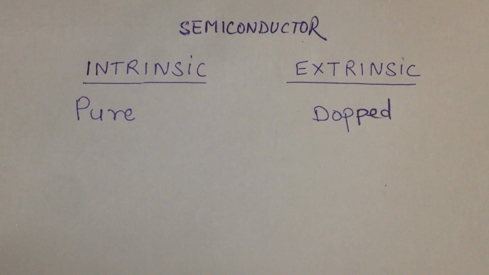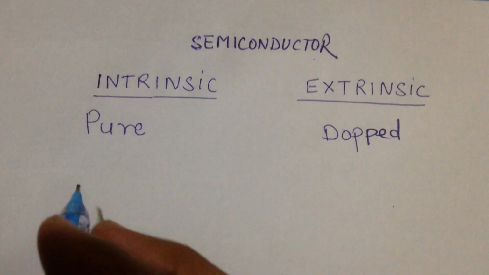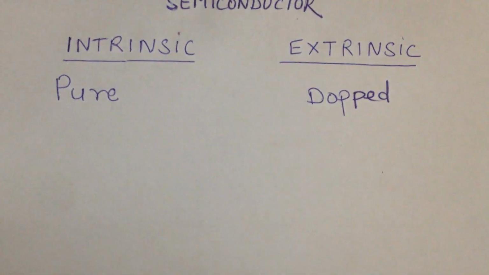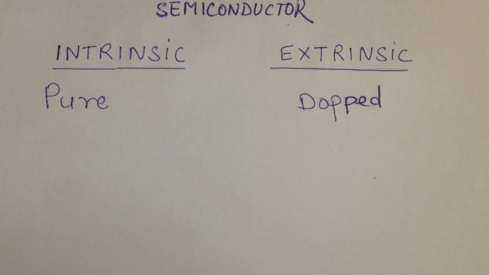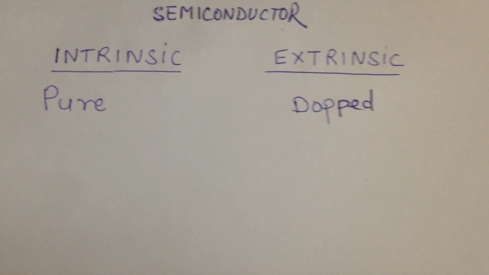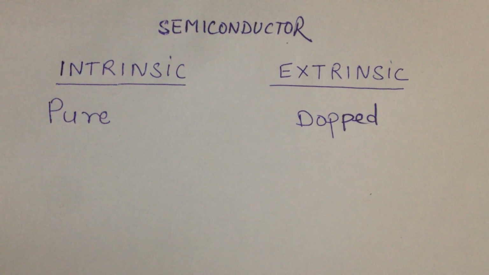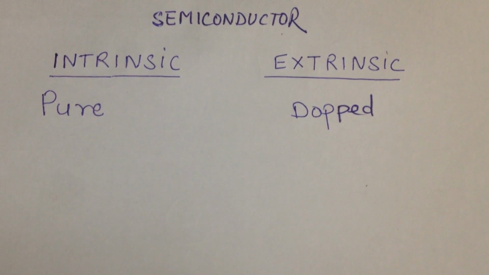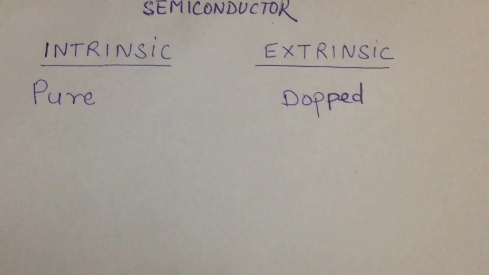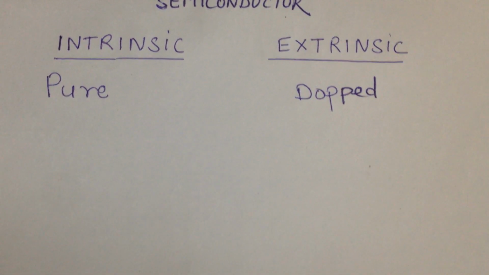Extrinsic semiconductors are those where we dope, or add, some trivalent or pentavalent impurities to the pure germanium or silicon.